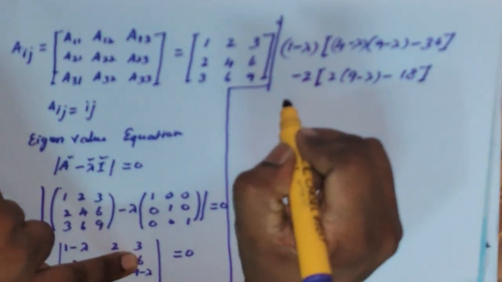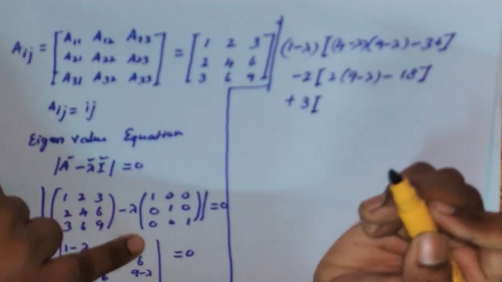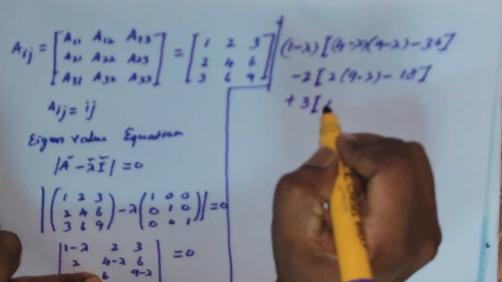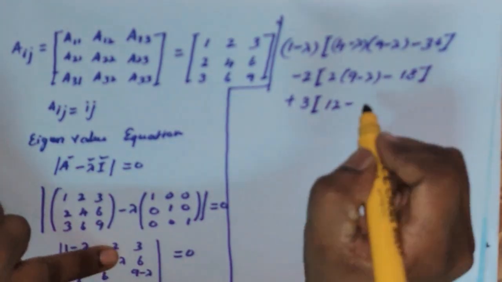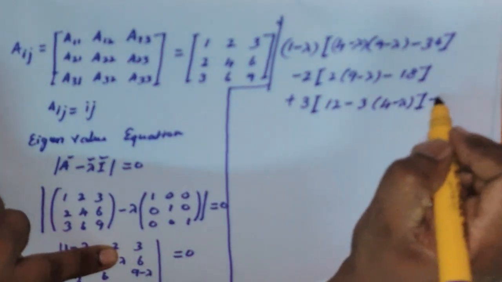Then plus the third element, 3, times 2 times 6, which is 12, minus 3 times 4 minus lambda. This should be equal to 0.